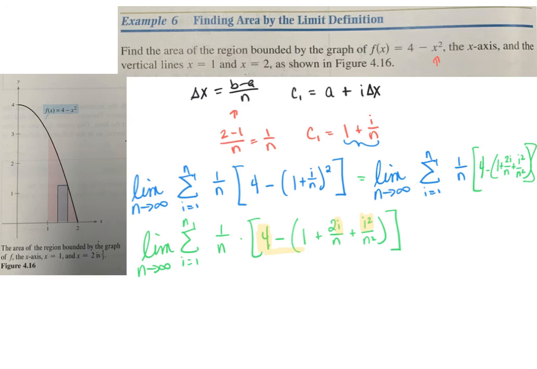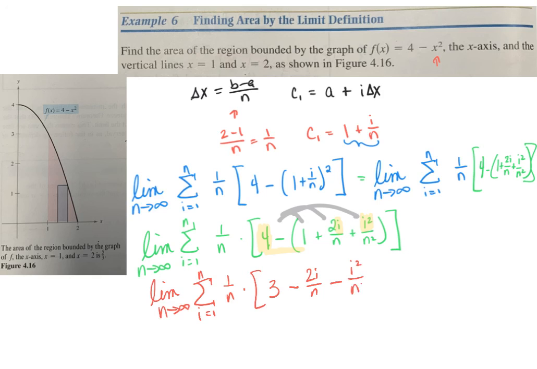So make sure you follow all your algebraic rules here. So when I'm doing this, I'm going to distribute that negative through, which is going to give me my summation. Oh, let's actually do it with writing here. It's going to give me 4 minus 1, which gives me 3, minus 2i over n minus i squared over n squared, because I am distributing that negative here.